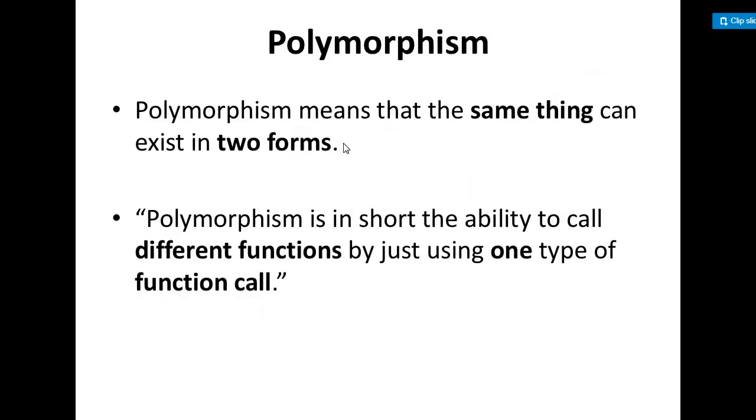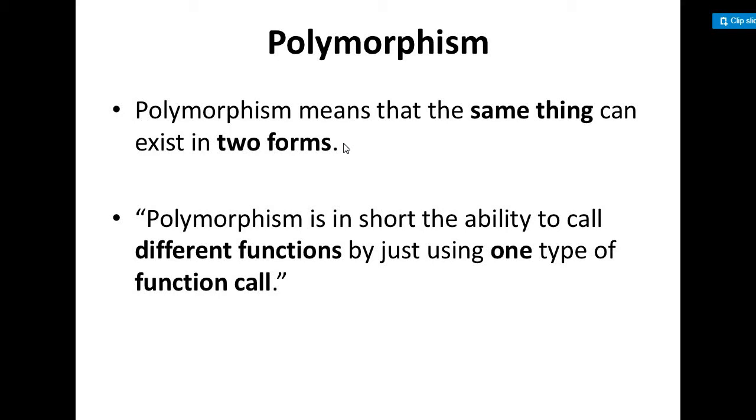Now polymorphism. Polymorphism means the same thing can exist in many forms. In short, it is the ability to call different functions by using just one type of function call. Later on we will go into details of the different categories of polymorphism: function overloading, operator overloading, constructor overloading.